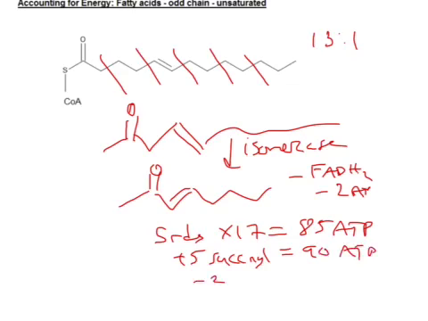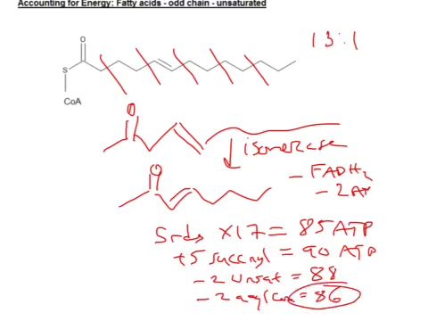Minus 2 from the unsaturation, 88. Minus 2 from acyl-CoA, 86. 86 from that guy. Okay. So again, we did our normal rounds. Then we had to look at the odd numbered piece at the end. That gets us 5. We had 2 from the unit of unsaturation anywhere in the chain. We get that minus 2. And 2 from starting with acyl-CoA. So 86 for this 13-1.